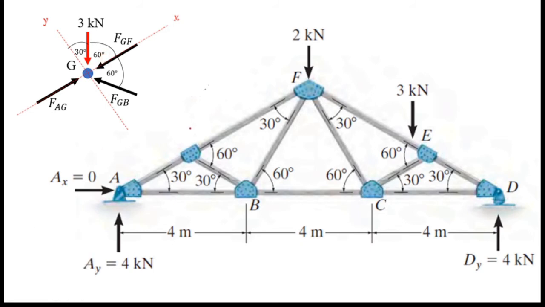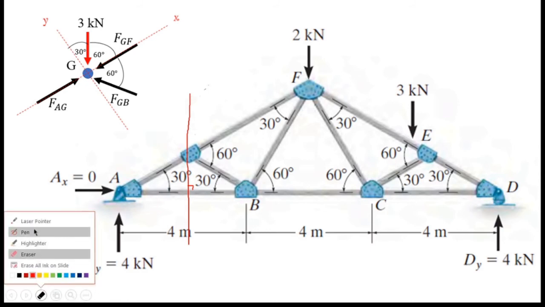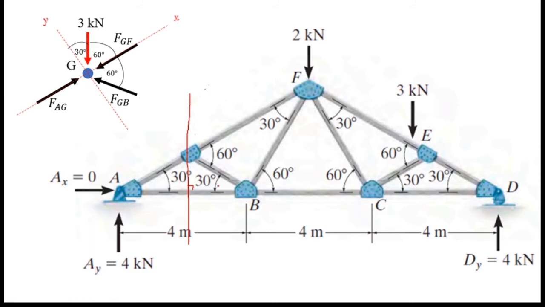For that I am going to draw a vertical line through this joint. So this is a 90 degree angle or right angle. If we consider this triangle, this angle is 30 degree and this angle is 90 degree, and that means this angle is 60 degree, right?